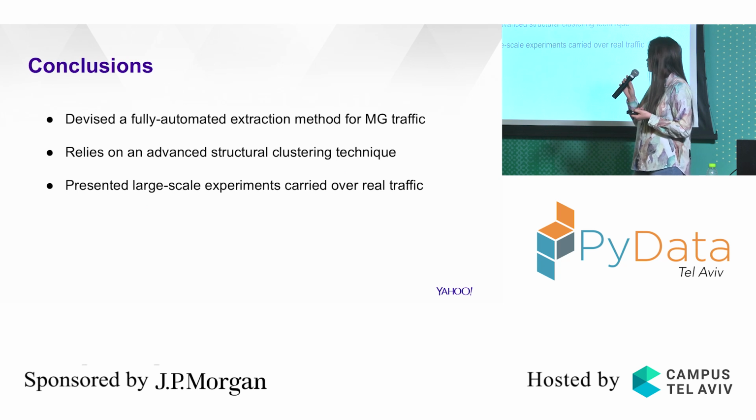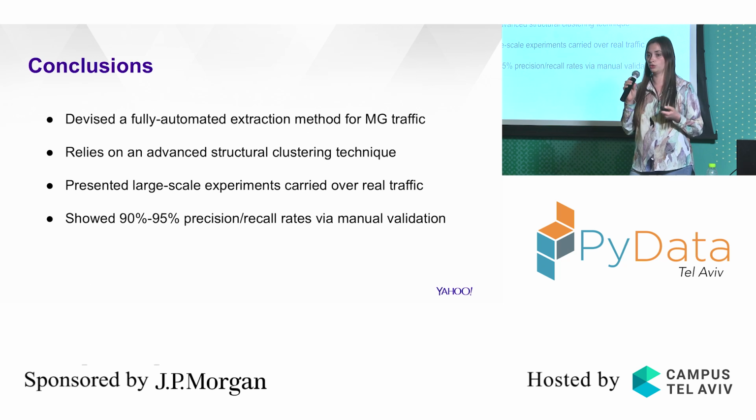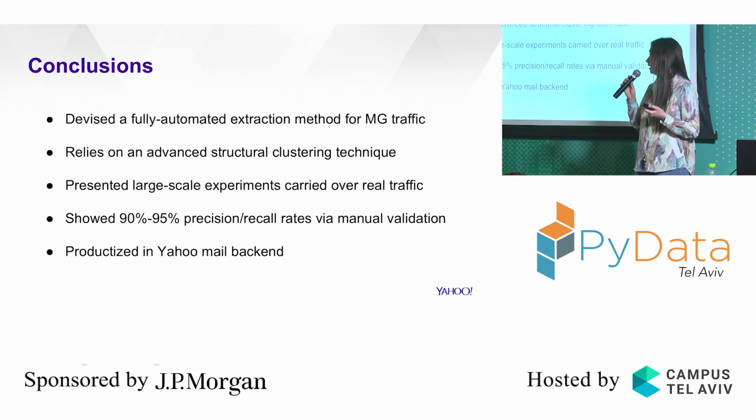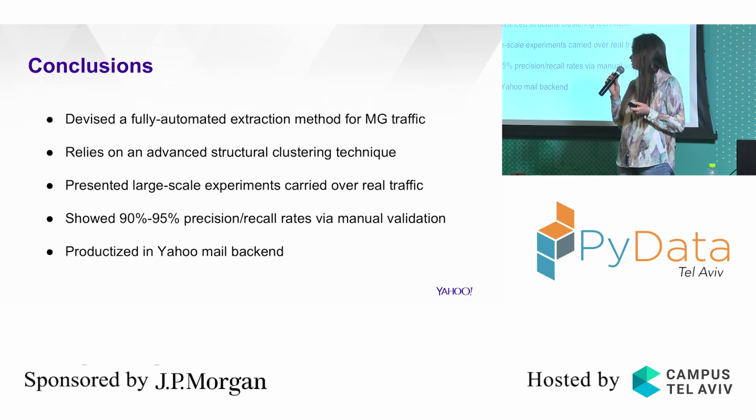We conducted large-scale experiments and showed good results on the classifier and also for the large-scale experiments. This system is productized in the Yahoo Mail backend, and was accepted to the WWW conference this year.